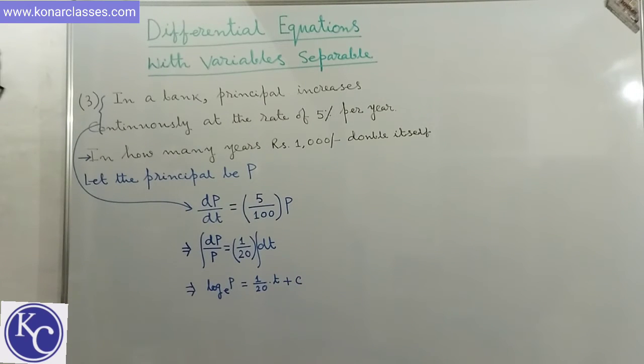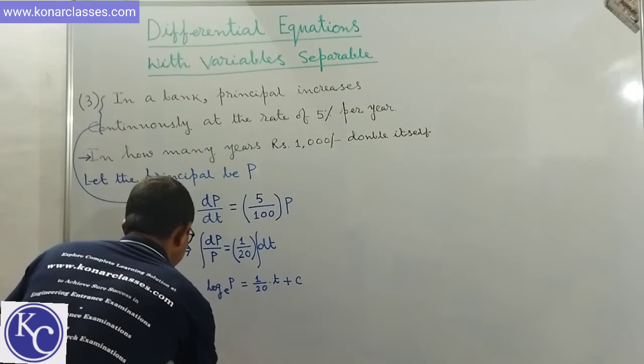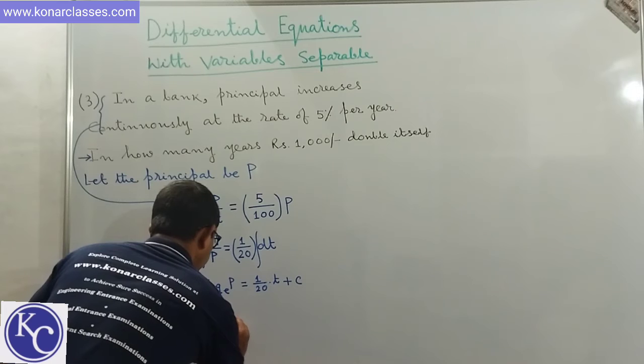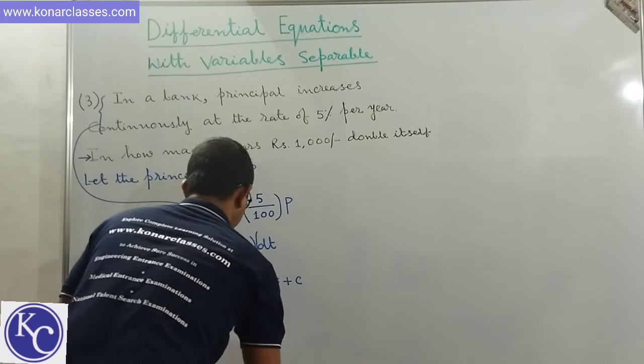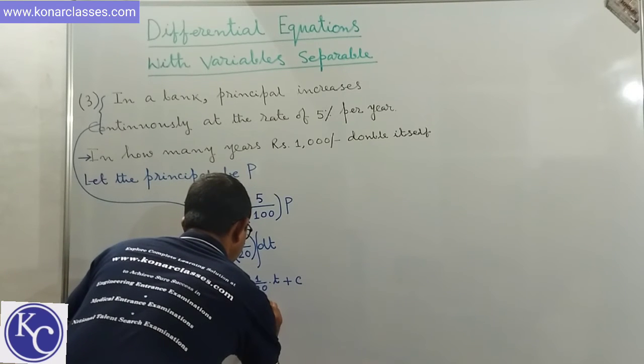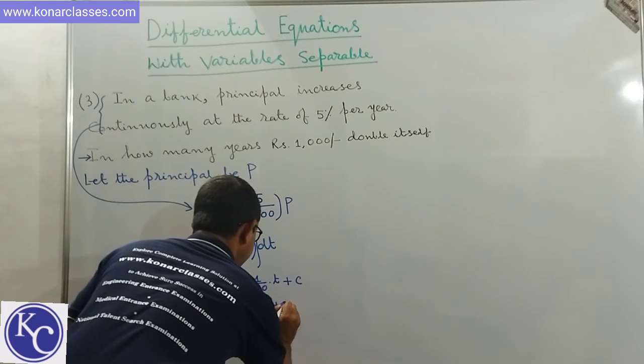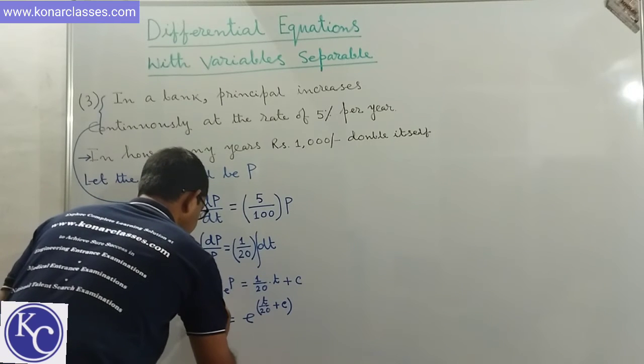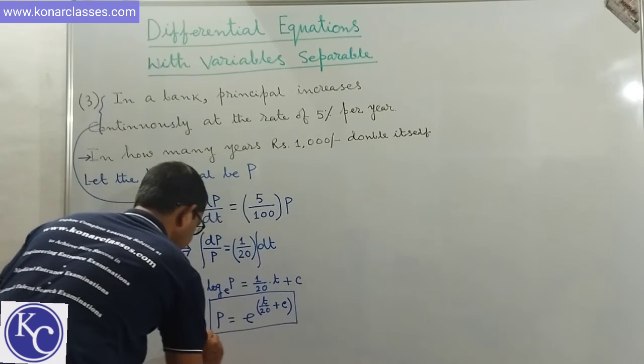So from here we can write P is equal to e to the power (t by 20 plus C). Correct? This is the general solution to the given differential equation.